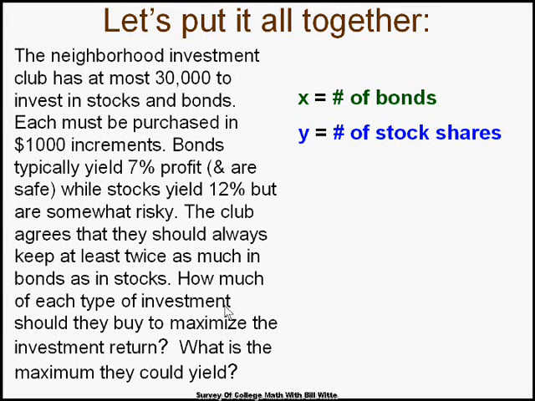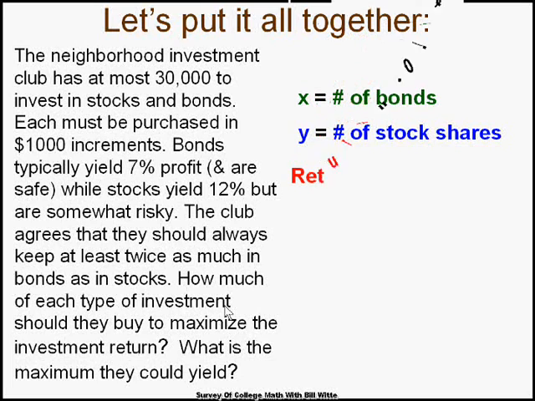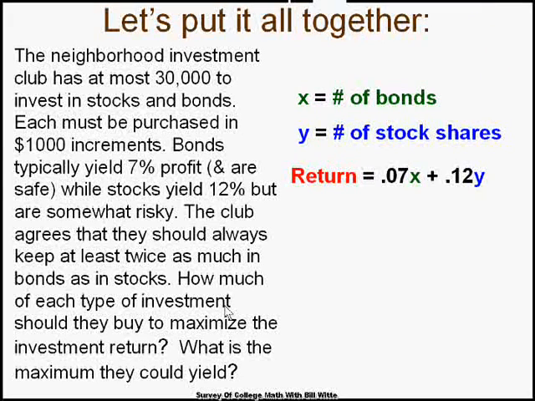And that's going to be 7% of the bonds plus 12% of the stocks. So my return function is 7% times bonds plus 12% times shares of stock. Now, that's our objective function.